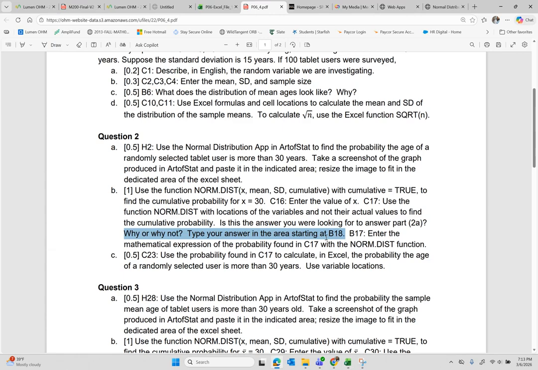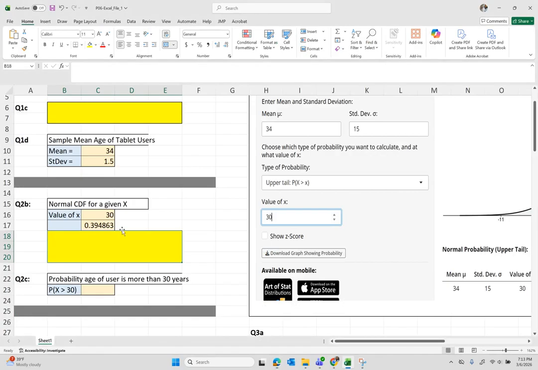And for this reason, it's asking you to also enter a mathematical expression for the probability found in C17 with a normal distribution function. So this has been left blank, and you have to fill it in, in this cell over here. And this will be the probability x will be less than 30. And that will be your explanation also in the area starting at B18, for you to explain why what you found is not what you wanted.